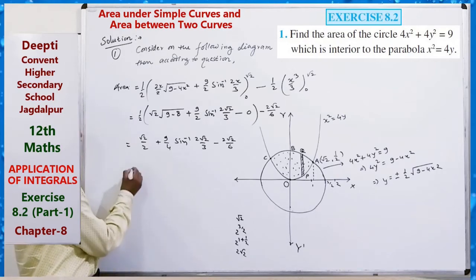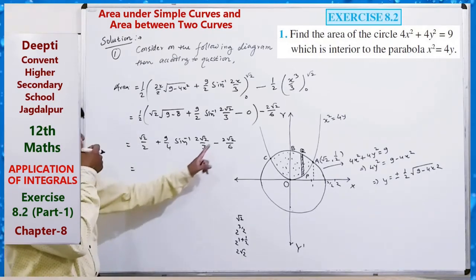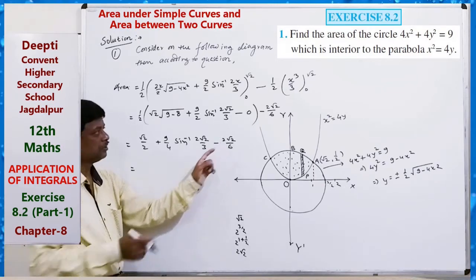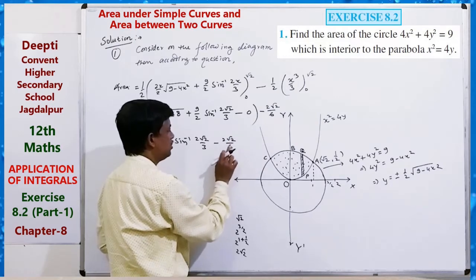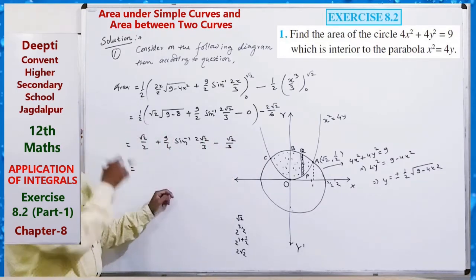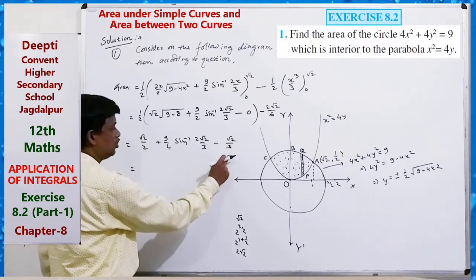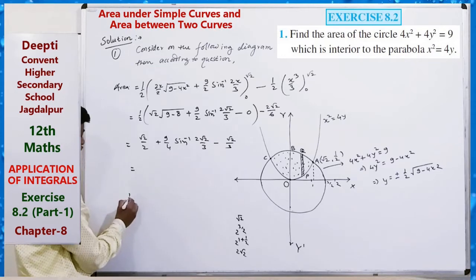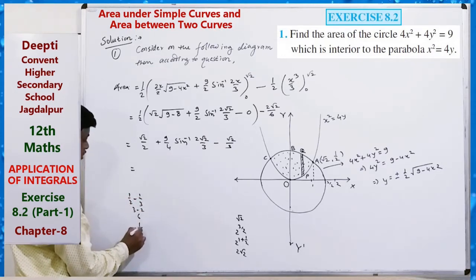Okay. Now here we can see 2 root 2 by 6 means root 2 by 3. So root 2 by 2, root 2 common. 1 by 2 minus 1 by 3 means what? 6, so 3 minus 2, 1 by 6.